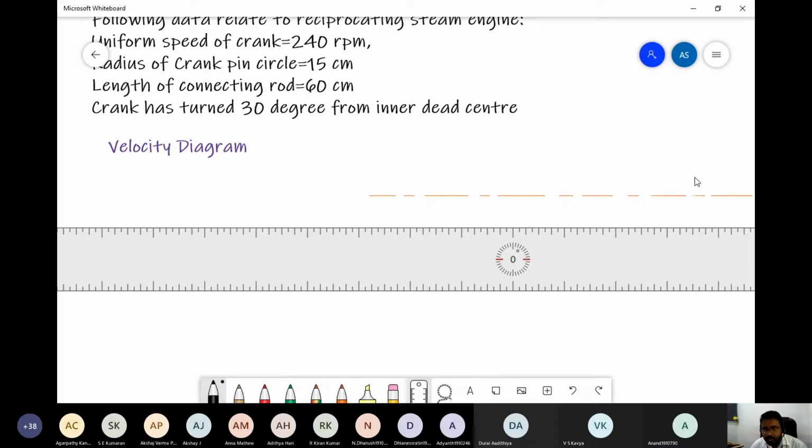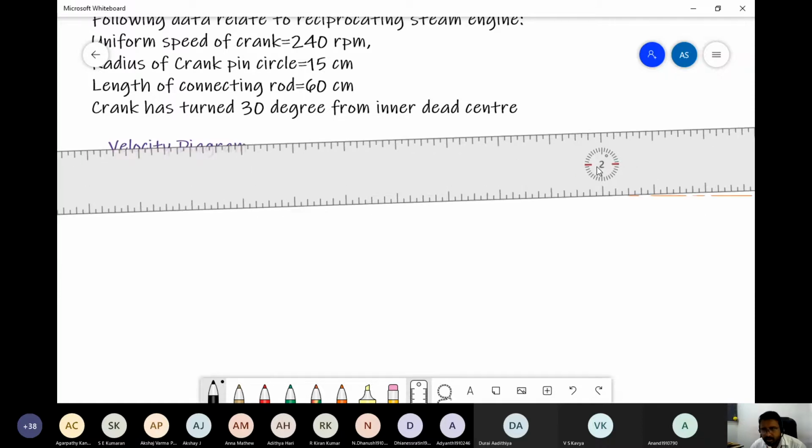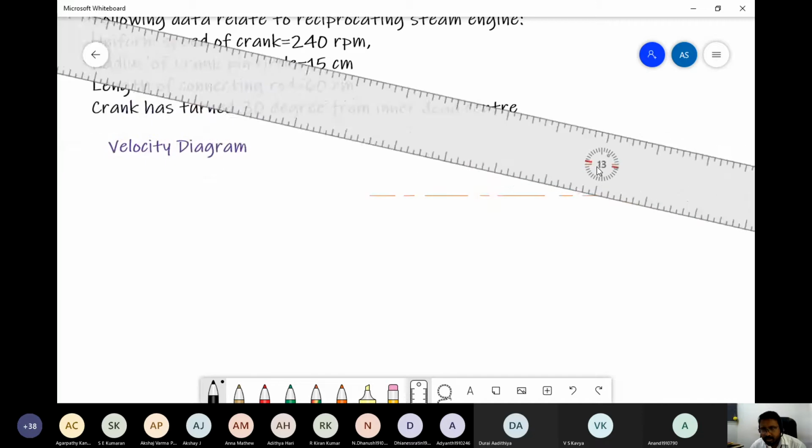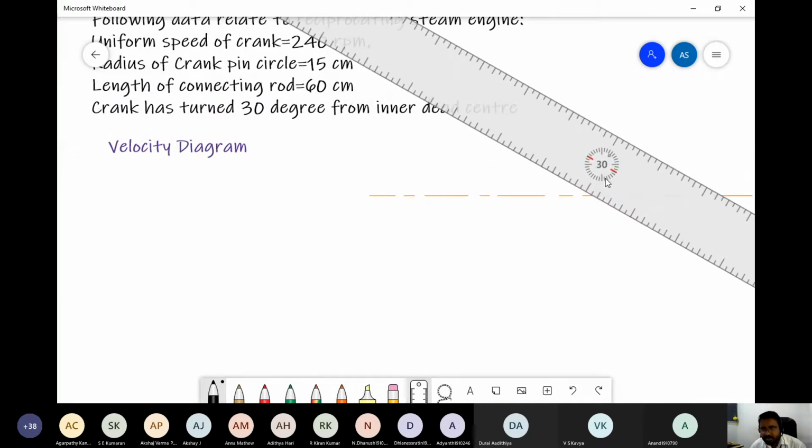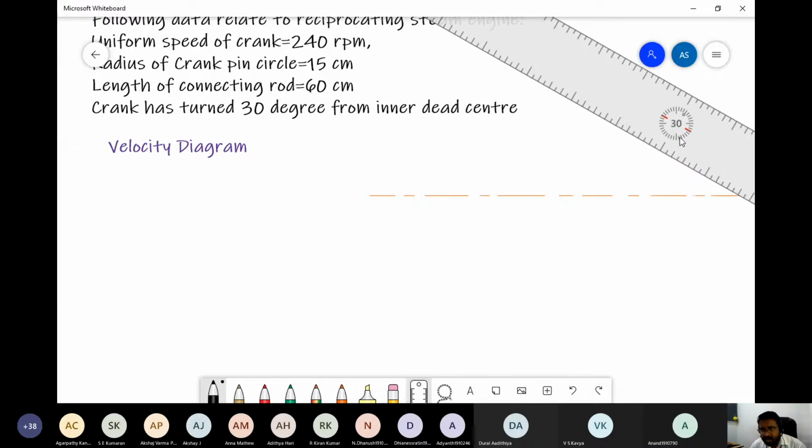I'm putting a point over here to represent where I'm going to start. What is the degree? It is given in the question. It is 30 degree. So I put 30 degree and draw this line.